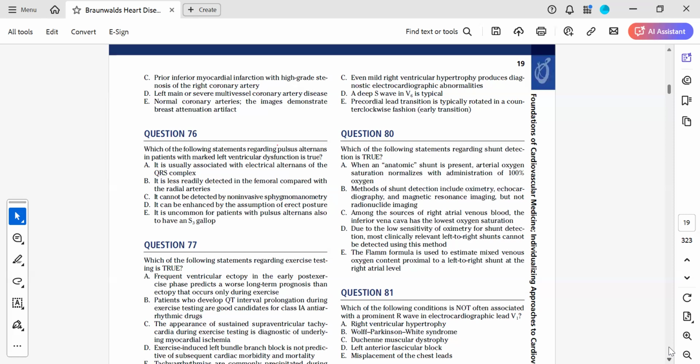It is also expected that when we have breast attenuation, there is a fixed defect at the anterior wall. But as was said before, it is not only the anterior wall that is being affected, it affects almost every part of the segment. And this will make the left main and/or the multivessel disease the right answer.